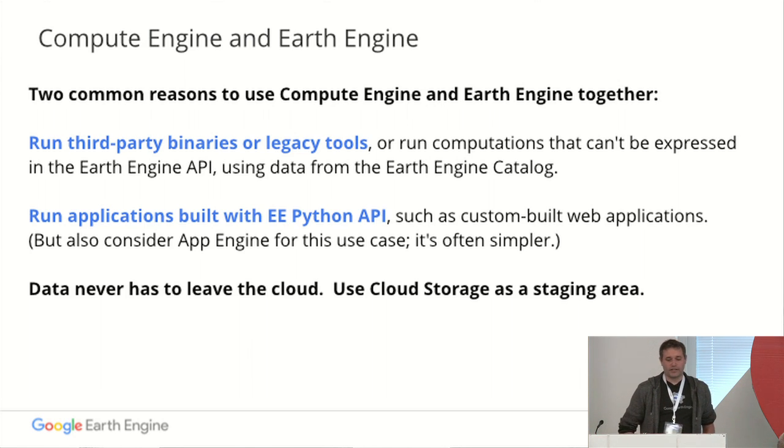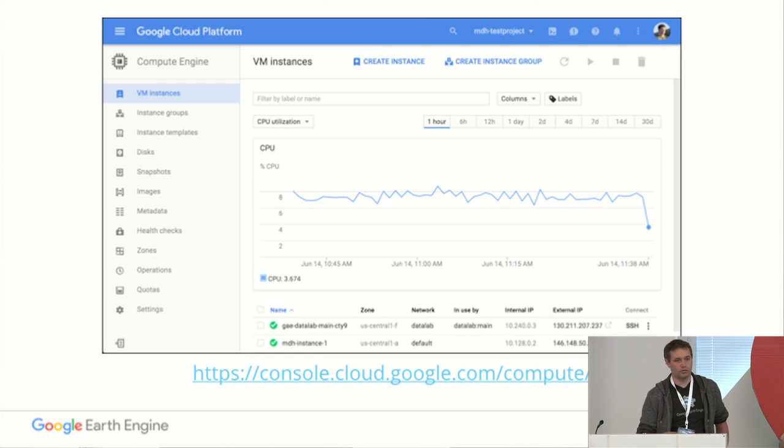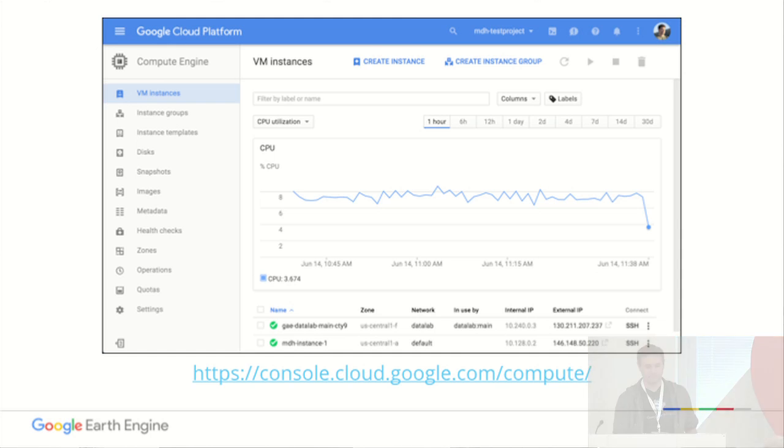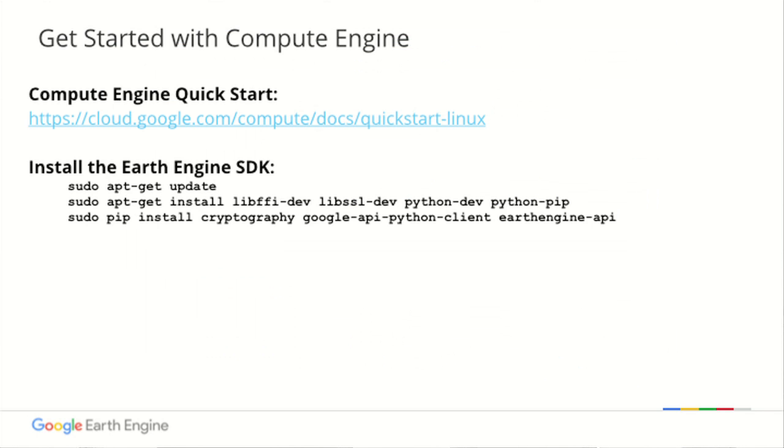You will be unsurprised to learn that Compute Engine has its own little console within the Cloud Console. You can use this to manage almost everything, start and stop instances, so keep an eye on them. There are lots of different configuration options here, and you can do all that from the gcloud command line tool as well.